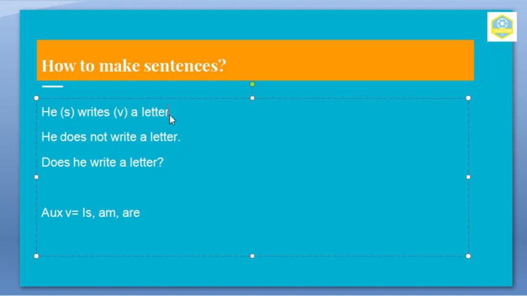And this is the object. In other words, we can say the doer, the action, and the receiver of action.